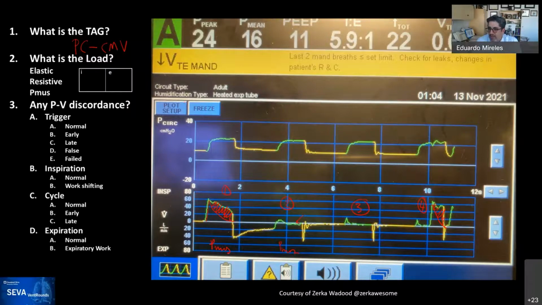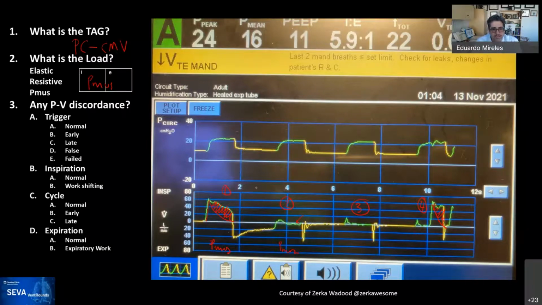It's all expiratory activity on this patient. So it's tight, similar to what we were seeing on the other one, in which you see very high impedance on this patient, and it doesn't let the flow go into the patient. So I would say that this is a PMUS event in which there's a lot of activity there.